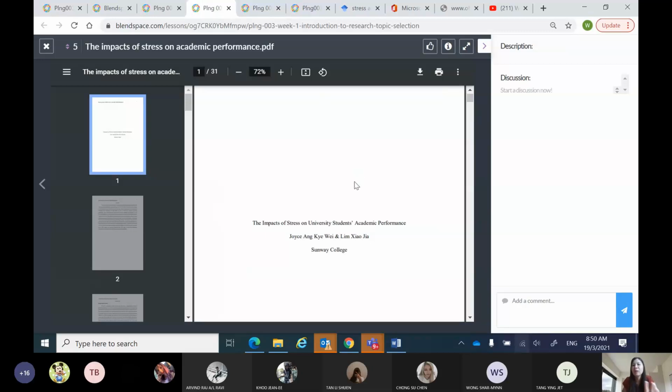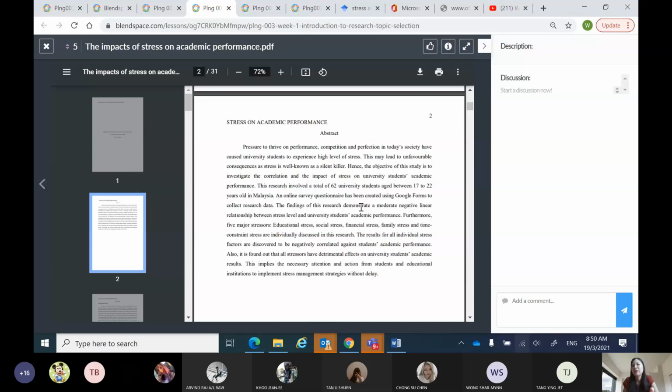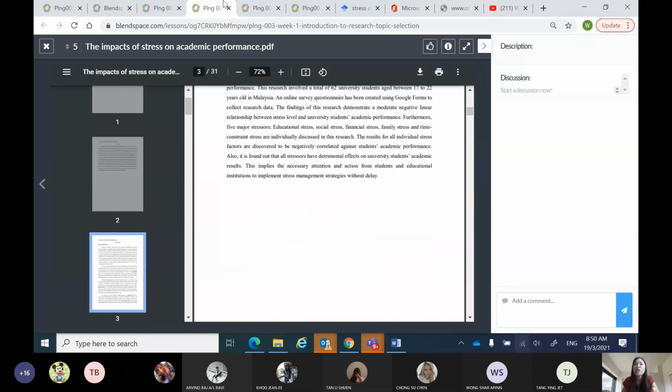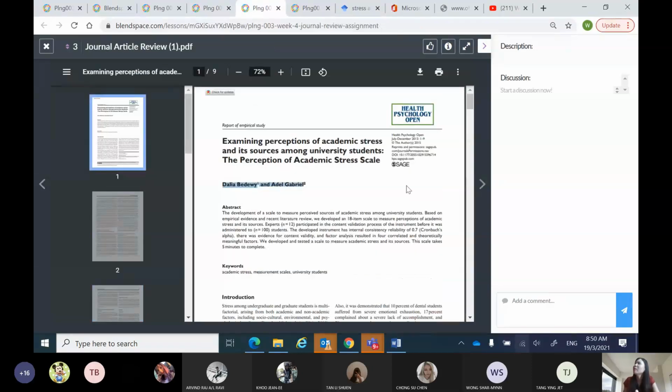But if you look at a research paper, it has a rather more detailed format like this. Journal articles are the most credible source that we can use because they are published, meaning they have gone through a very strict vetting process where the publisher chooses the best paper to publish in his or her journal.